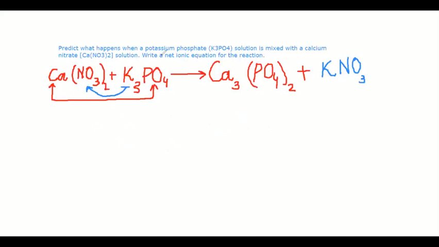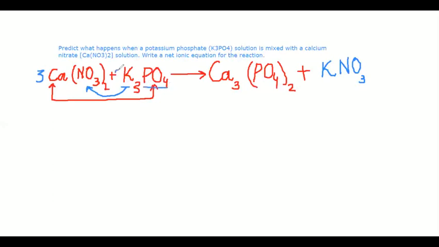Now we have to balance this equation. How will you balance? How many calcium here? 3. Here calcium 1. So multiply this with 3. Okay. How many PO4 here? 2. And how many PO4 here? 1.